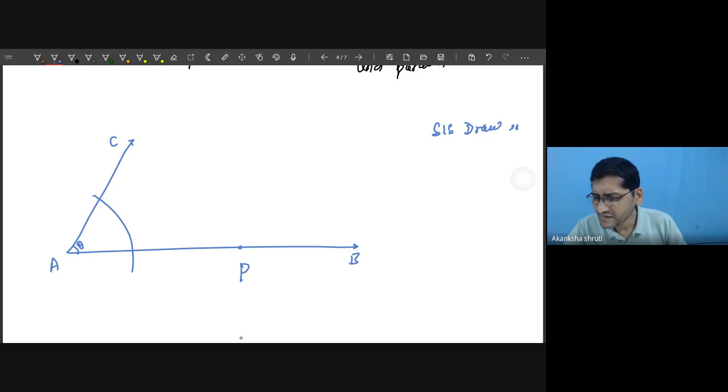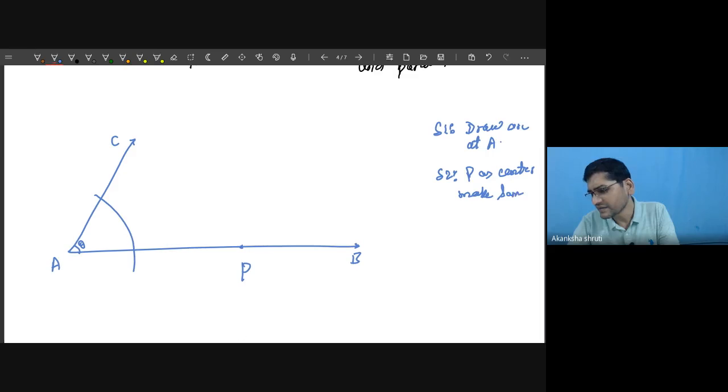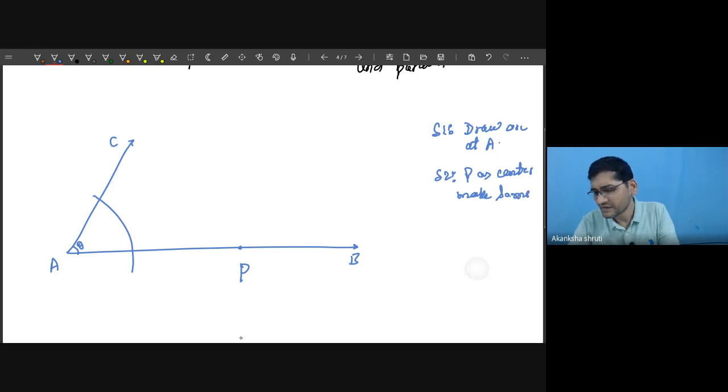So draw an arc at A, any arc. Step number 2: without changing the radius of the arc that we have drawn, you have to make the same arc at P with P as center, in the same direction.